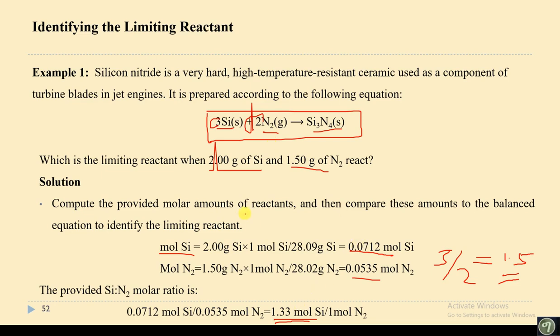Just to compare the reactants with their stoichiometric molar ratio: if the molar ratio of reactants is less than the stoichiometric ratio, then the numerator, that is silicon, would be the limiting one. 1.33 is less than 1.5, so silicon is the limiting reactant. If it were greater, for example 1.6, then silicon would be in excess and nitrogen would be the limiting one.